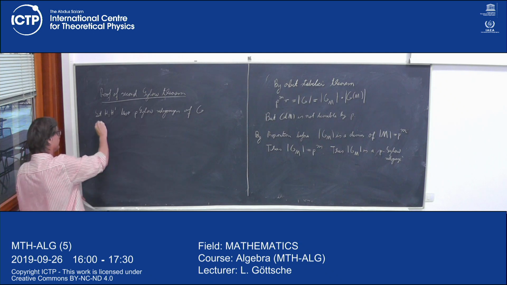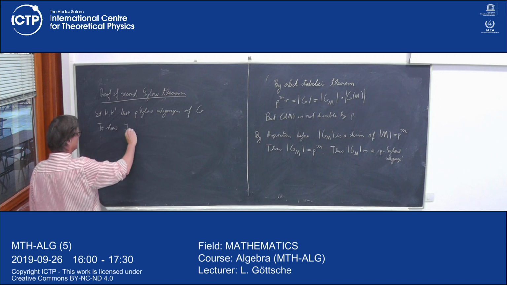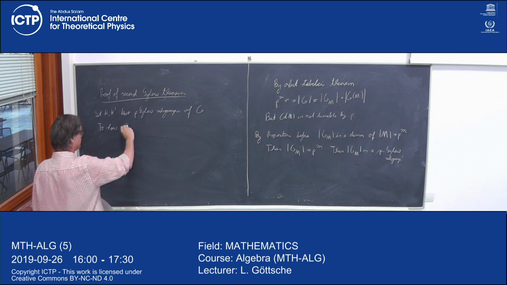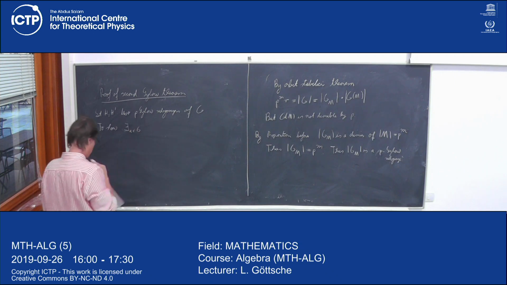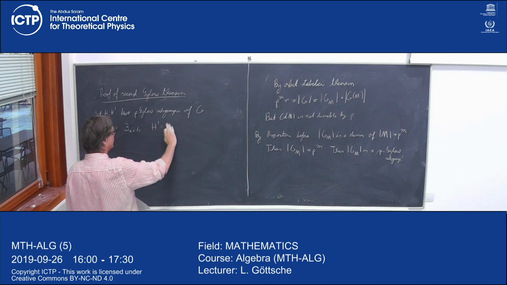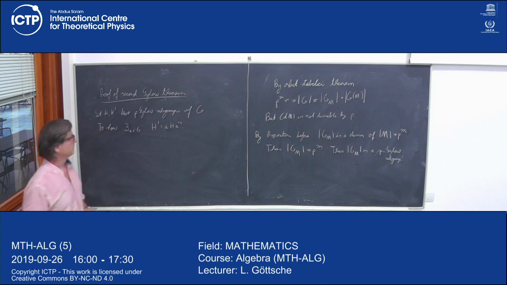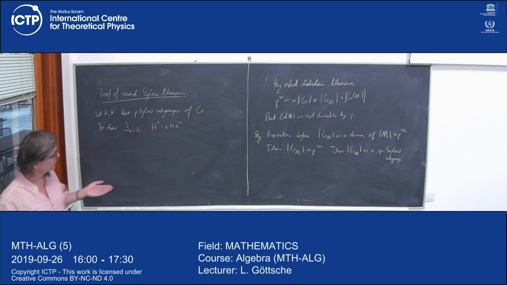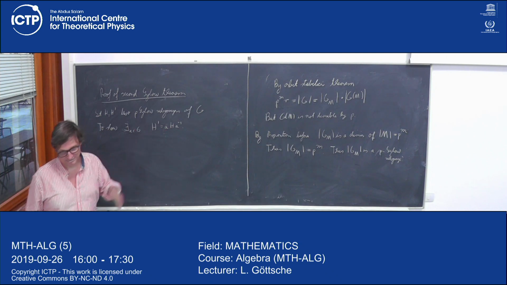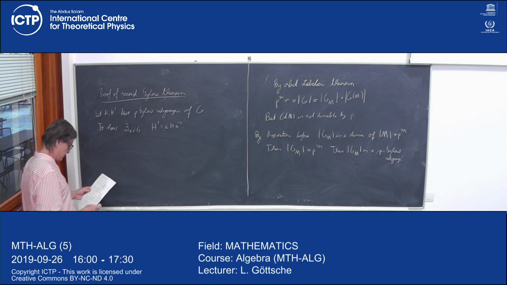So to show there exists an element A in G such that H prime is equal to A H A to the minus 1. That doesn't seem to be completely easy, because somehow we have to find this element. At the moment it doesn't seem to be anywhere.